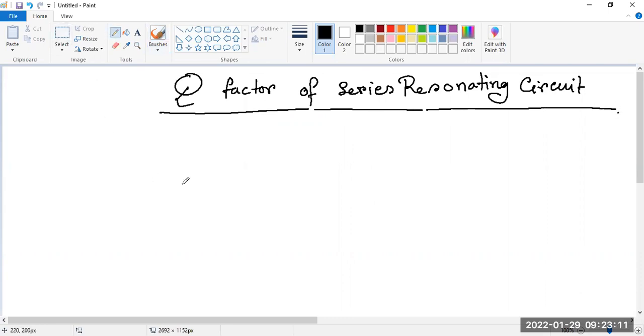What is the Q factor? Actually, Q factor means the storage factor of any inductor or capacitor. It means how much input voltage we provide and how much we get as an output from this inductor. This ratio is called the Q factor.